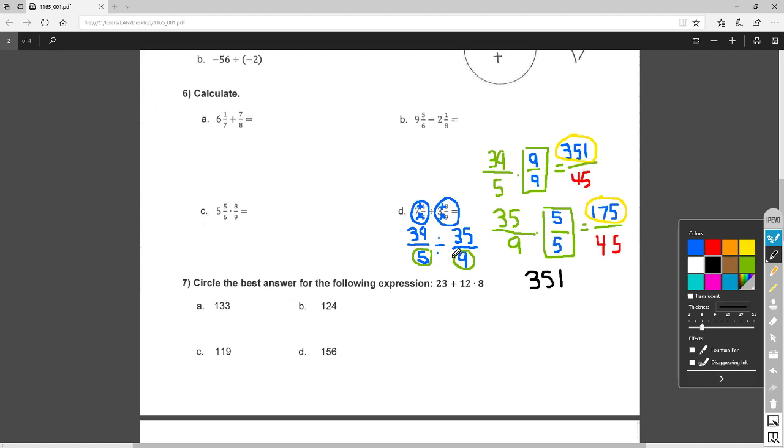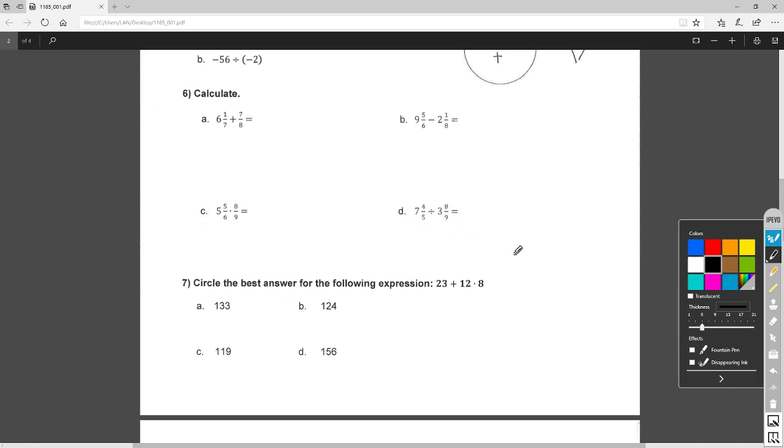Now 351 would be on the top because this was from our 39/5, so that one always goes on top first, right? And then on the bottom would be our second numerator, which is 175. So our final fraction would be 351 over 175. Okay.